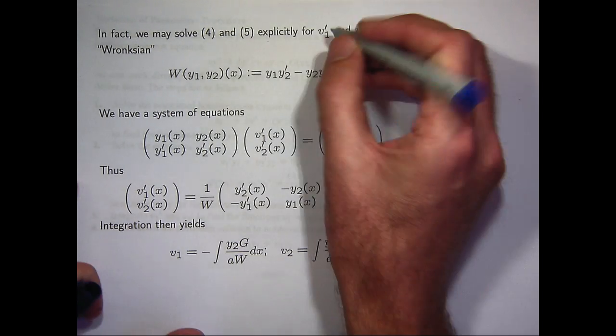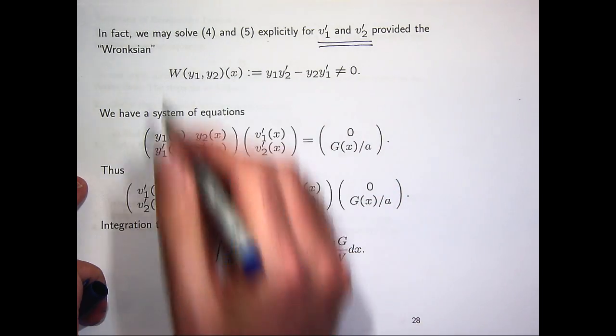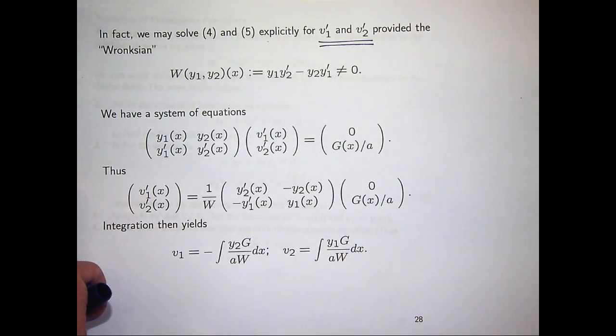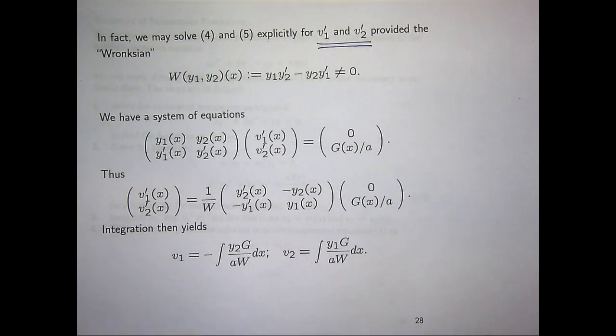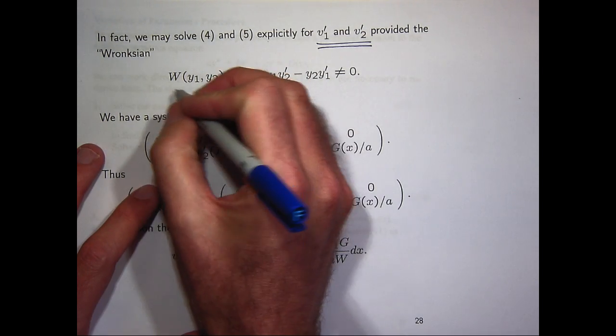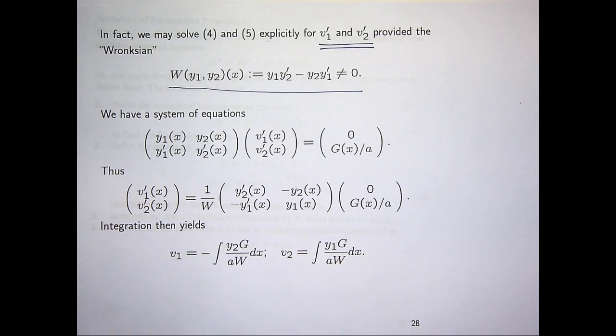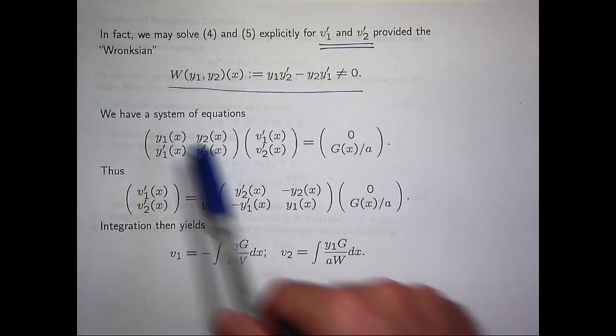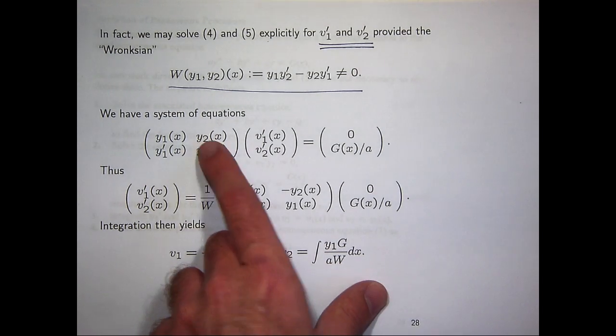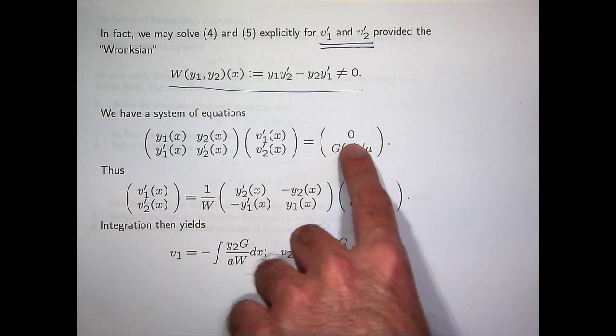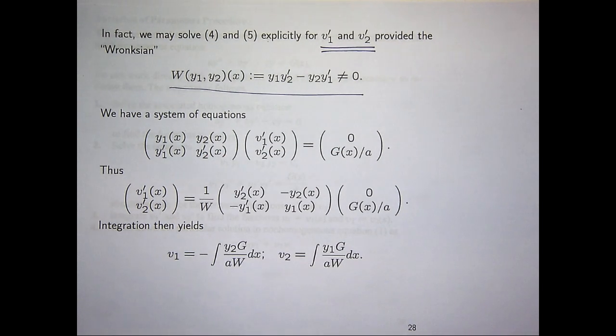Now, we can solve 4 and 5 for v1 prime and v2 prime, provided the Wronskian is non-zero. In matrix form, you can write out 4 and 5 in this form, and then solve it.